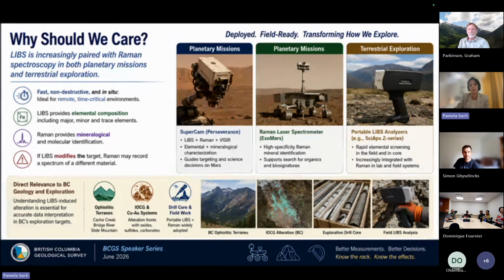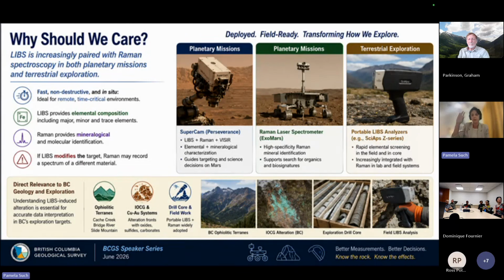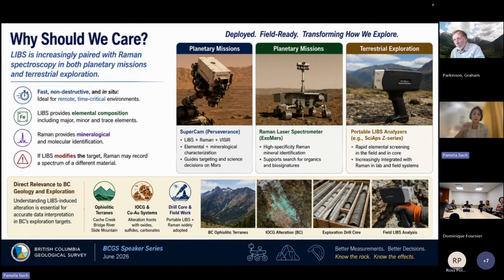Currently, we have an ongoing planetary mission on Mars, the rover Perseverance from NASA, which holds a SuperCam on top of the rover. I don't know if anyone has seen the Perseverance rover before, but it has a LIBS and a Raman combined with cameras in the head of the rover.